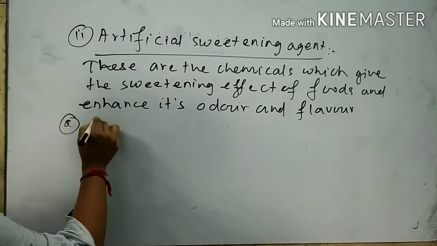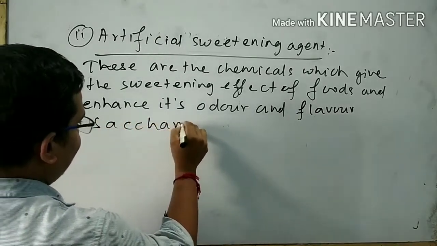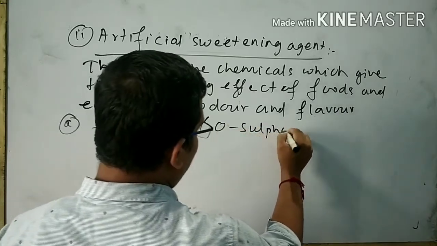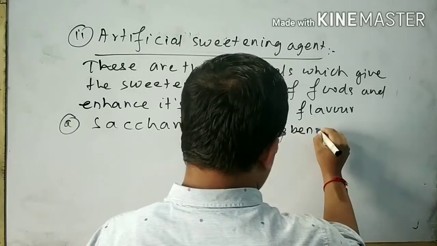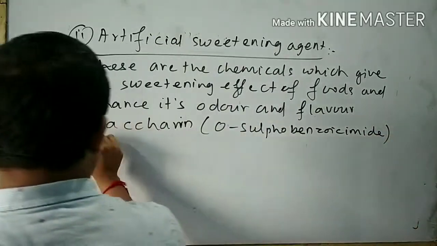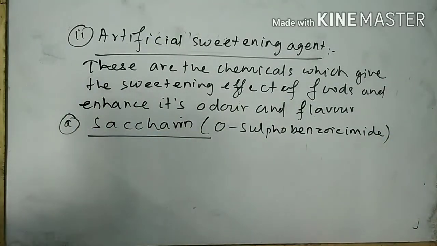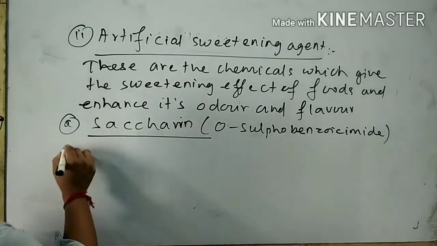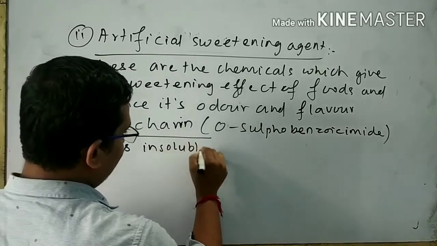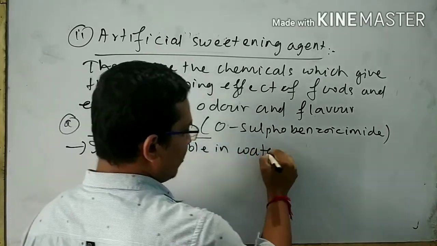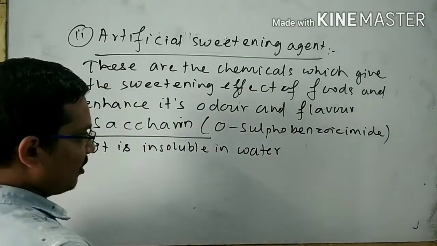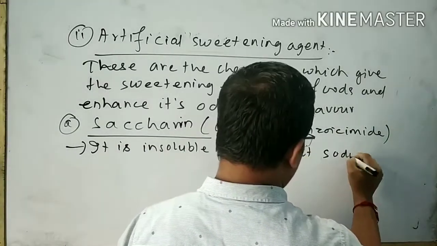At first I will discuss saccharin. Its chemical name is orthosulfobenzoic imide. This is an example of artificial sweetening agent. It is insoluble in water, but remember the sodium salt of saccharin is highly soluble in water.